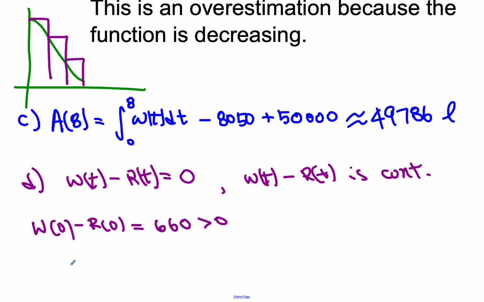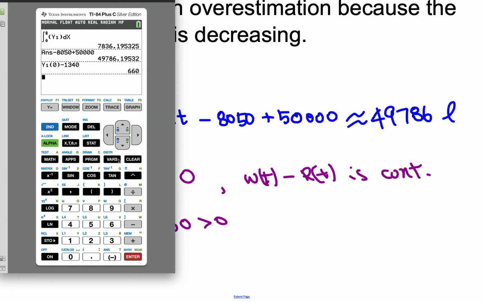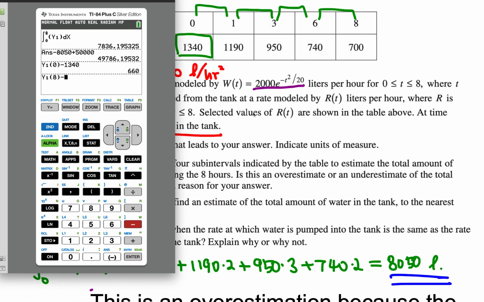All right, how about the second one? W of 8 minus R of 8. W of 8 minus R of 8, which was 700.